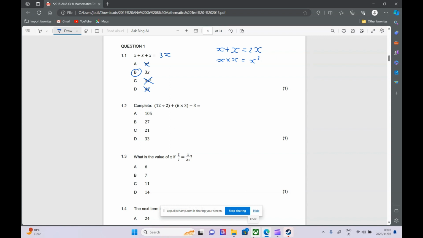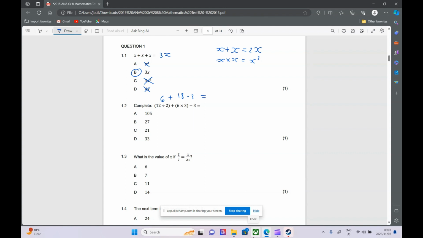Equivalent fractions means you do the same thing to both sides. So if we write this a little bit bigger, we've got 2 over 7 equals x over 21. These fractions are equivalent, so whatever I do to the top, I have to do exactly the same to the bottom.